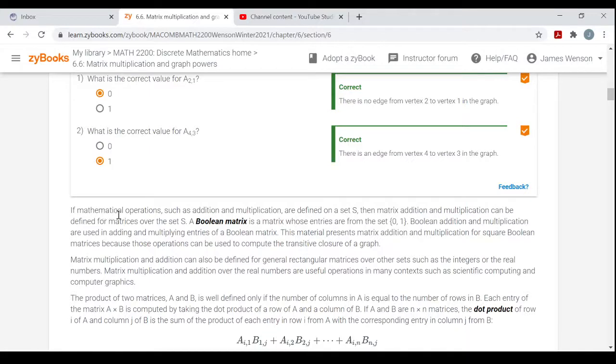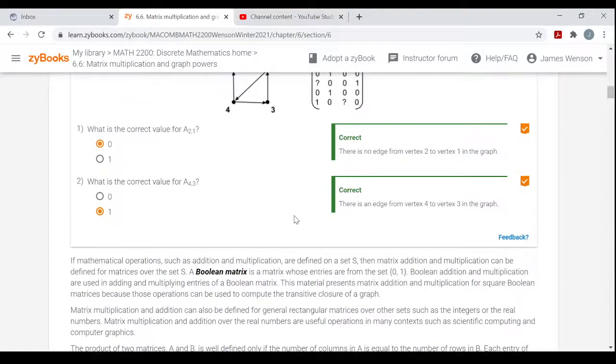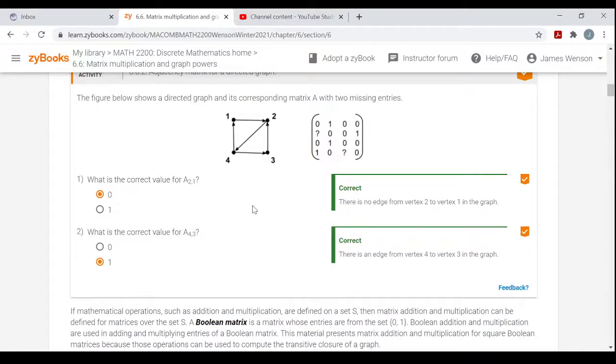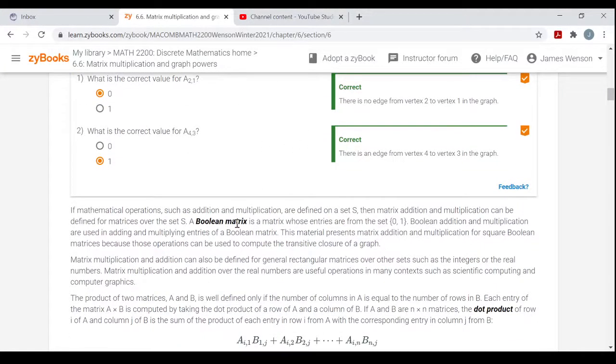All right. So if mathematical operations, such as addition and multiplication, are defined on a set S, then matrix addition and multiplication can be defined for matrices over the set S. So what we're seeing with these adjacency matrices are Boolean matrices. Right? A Boolean matrix is a matrix whose entries are from the set {0, 1}.